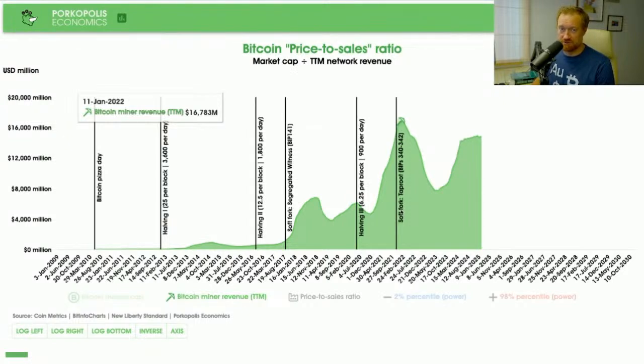Remember, Bitcoin is currently 2 trillion. We topped out at 16.7, 16.8 billion in January of 2022. Big fall during the FTX debacle and everything else, of course. We're going back up now.